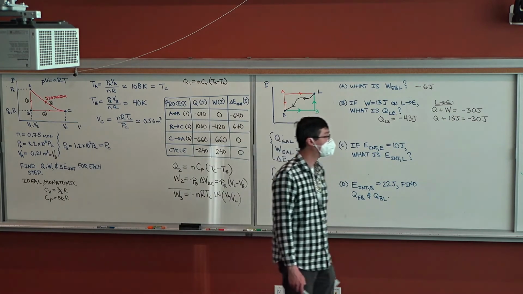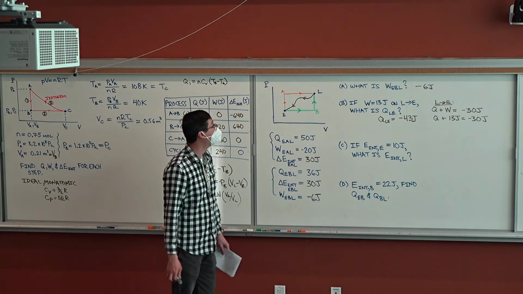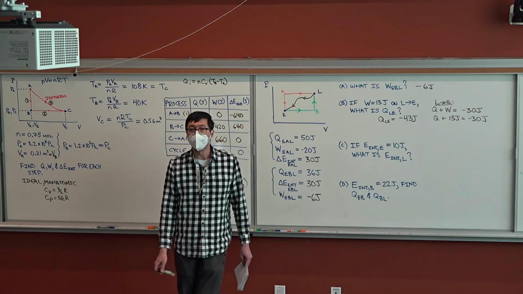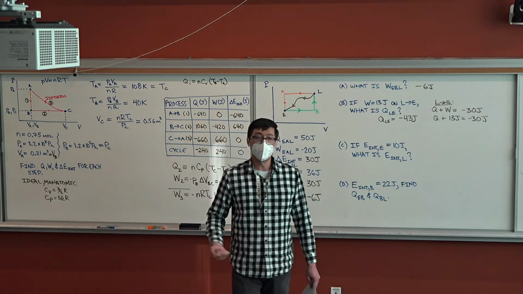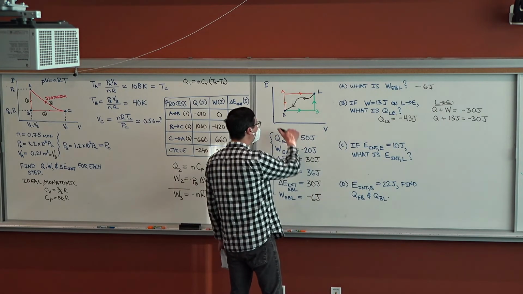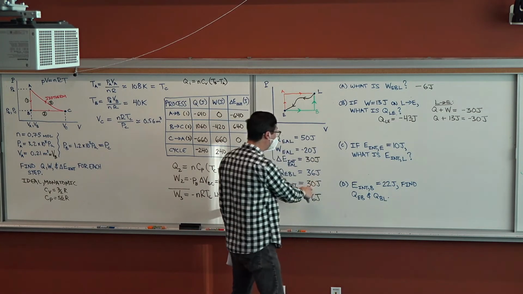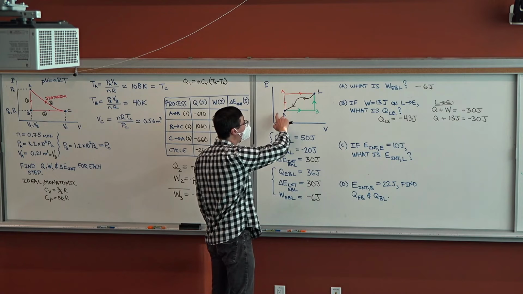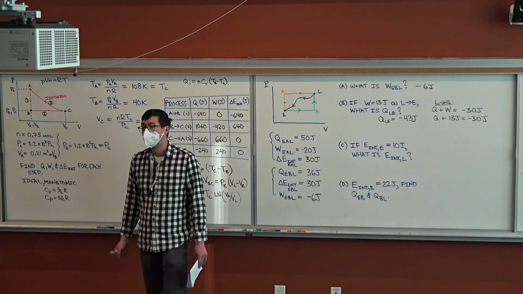Then, if we say that the internal energy at E was 10 joules, and we want to know what is the internal energy at L, well, in some sense we've already solved this, right? We know that delta E internal going from E to A to L or from E to B to L was 30 joules, right? So if we started at 10 and we have to gain 30 going from E to A to L or E to B to L, then what is E internal at L?